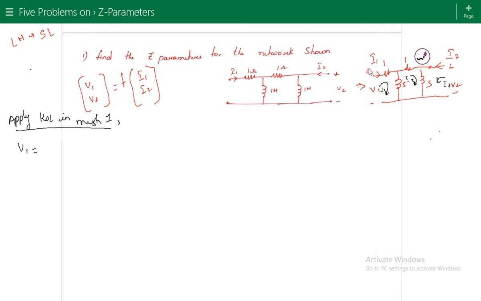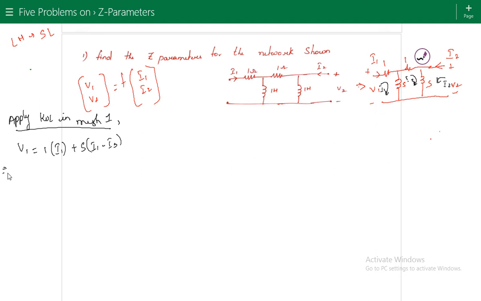By applying KVL in mesh 1, V1 equals the voltage drop across this 1 ohm and this S. The current flowing through the 1 ohm is I1, so 1 into I1, plus S into the current flowing through S, which is I1 minus I3, as I3 flows in the opposite direction of I1.